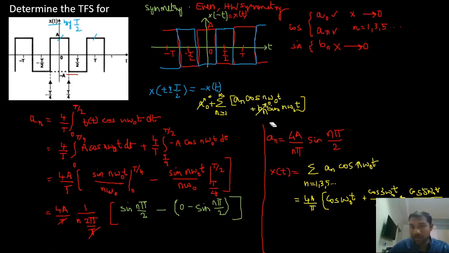In that formula, we substituted an, and a naught and bn were 0. After substituting an, we just expanded the summation for 3 different n values to get the final answer, right?